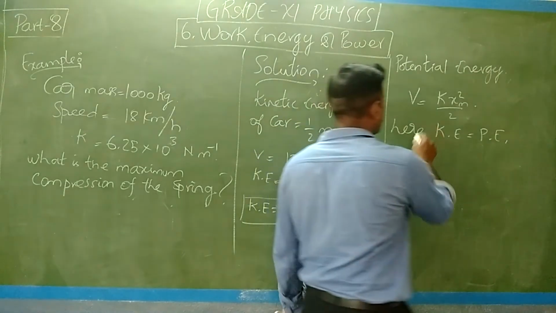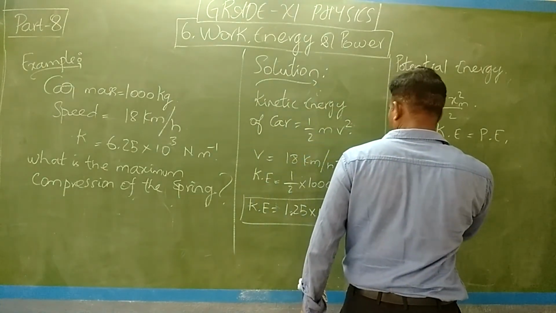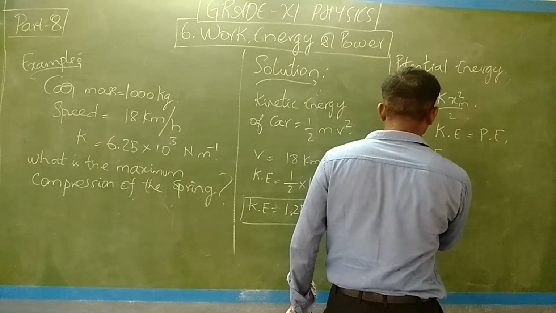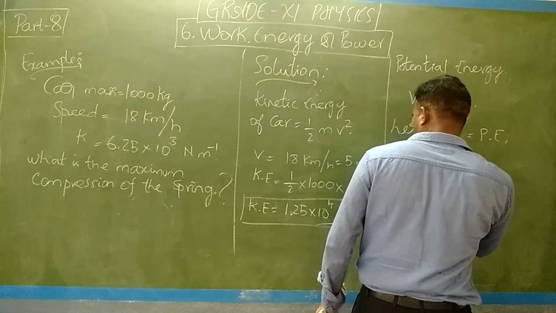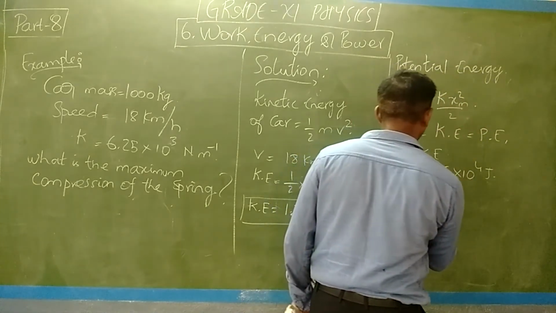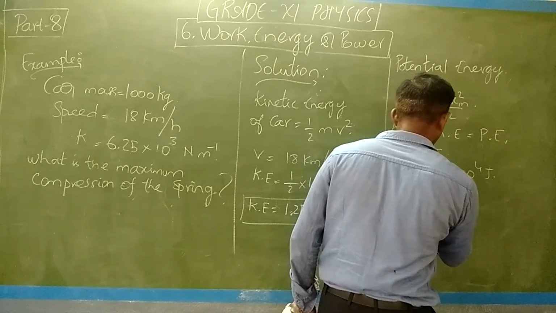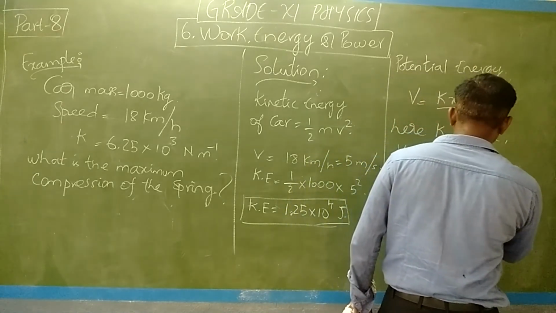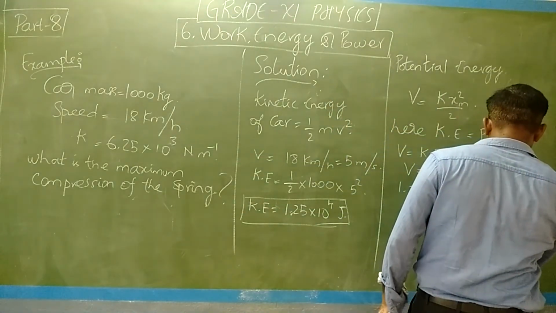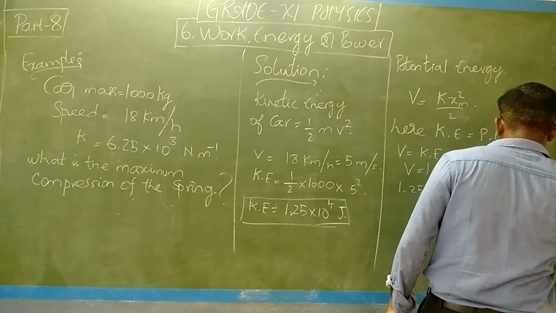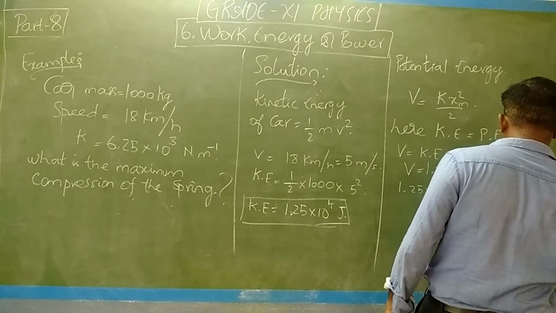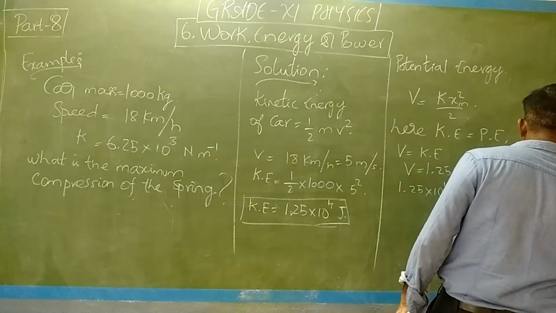So what is potential energy? V equal to K. Now what is the value of V? V equal to 1.25 into 10 power 4 joules. Now I will substitute here: 1.25 into 10 power 4 is equal to, what is the value of k? k is 6.25 into 10 raised to 3, into xm square.